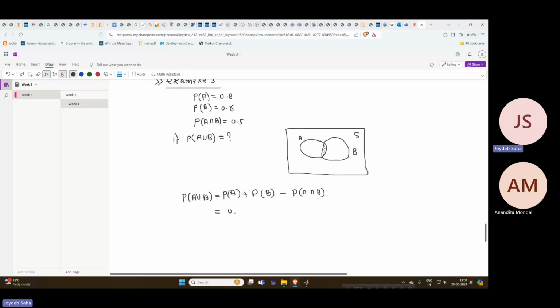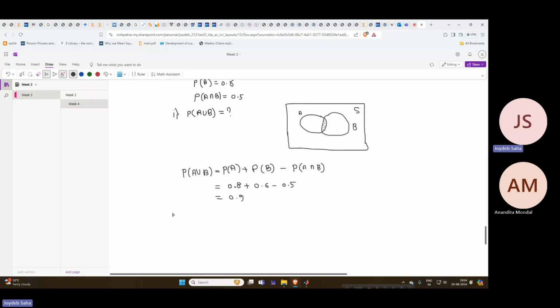It is 0.8 plus probability of B, which is 0.6, minus A intersection B, which is 0.5. So it is 0.9, right?